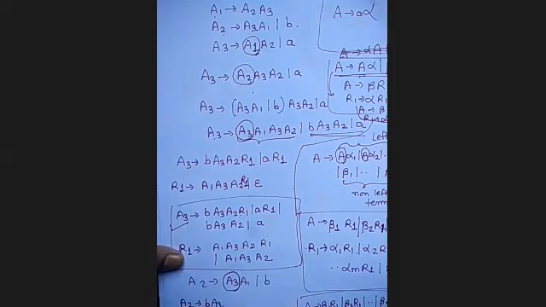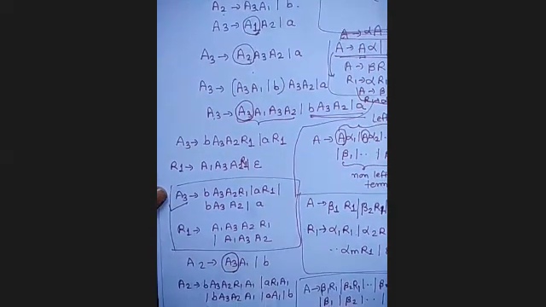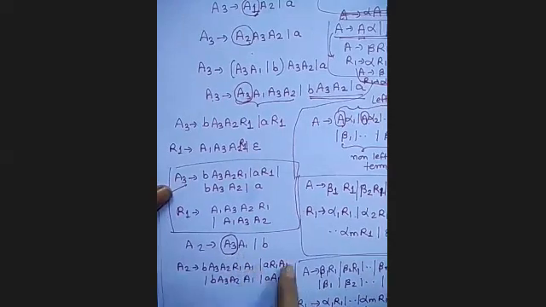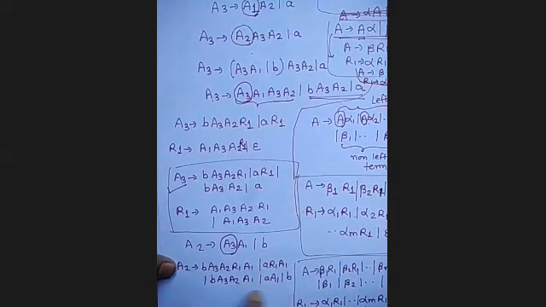B, A3, A2, R1, A1 or A, R1, A1 or B, A3, A2, A1 or A, A1 and this B as it is. So we substituted A3 here by the productions of A3 and that is followed by A1. So we brought A2 in that format.